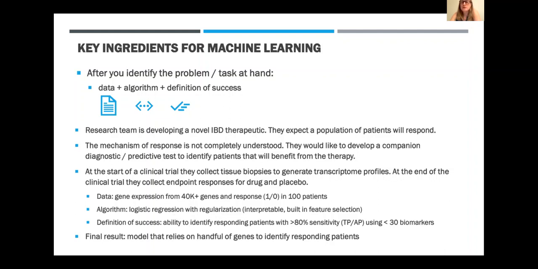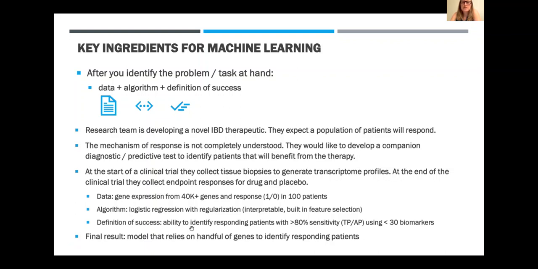So when you get your weights for your genes at the end of the day, it's interpretable. You can say if that gene goes up or if it's elevated, it's related directly to the response, or it's inversely related to the response. So that's one thing that I just want to point out if you want to dig deeper into this. And the last thing is the definition of success.